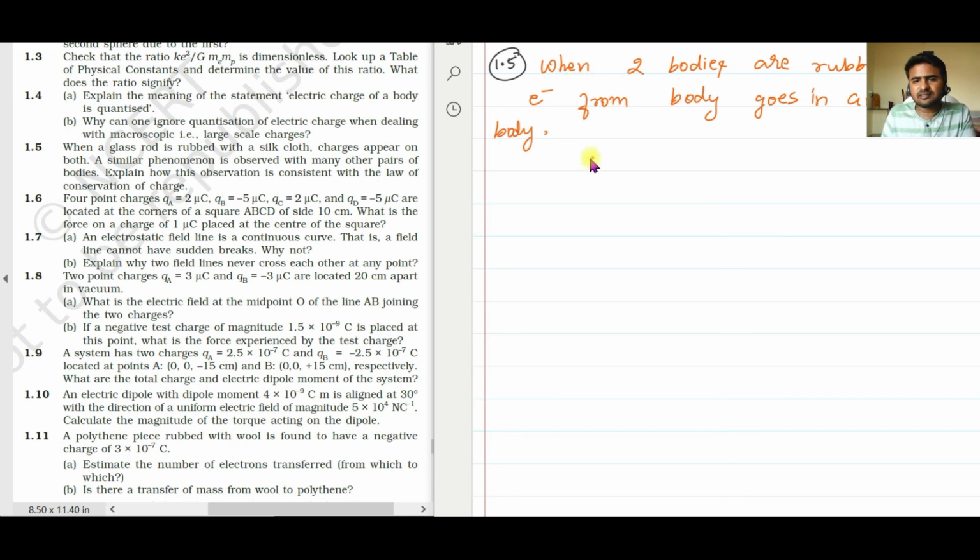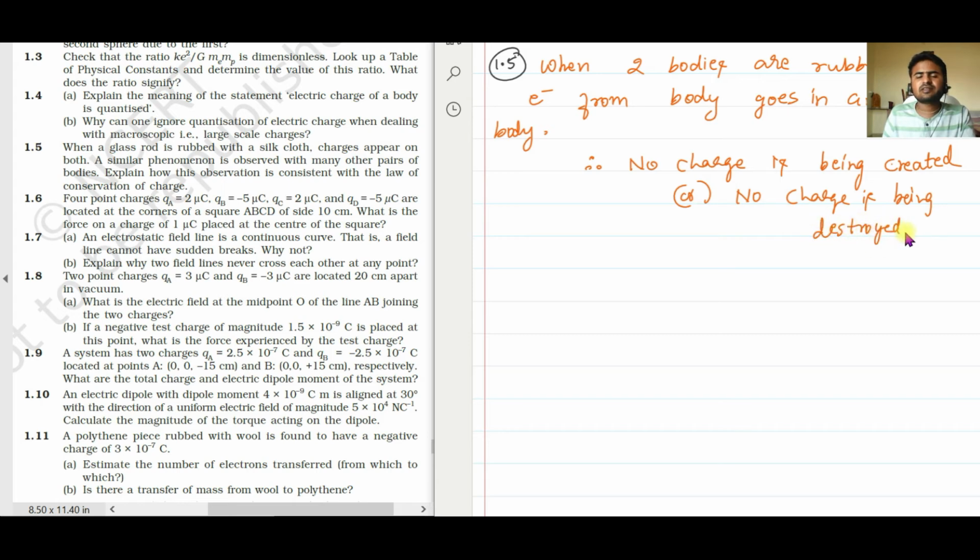So therefore no charge is being created, and no charge is being destroyed. That's it. That's your conservation.